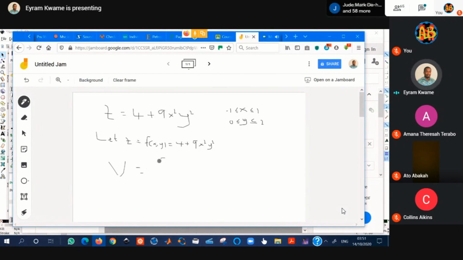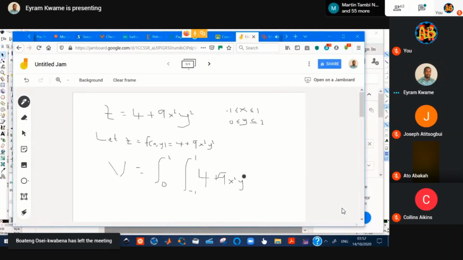I'll integrate from 0 all the way to 2, and then I'll integrate from where? -1 all the way to 1, and I just put the function down. 4 plus what? 9x squared y squared.